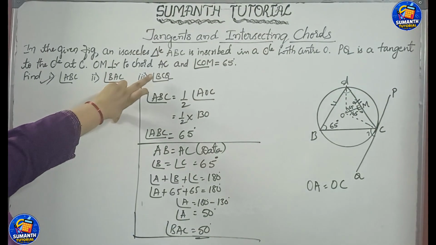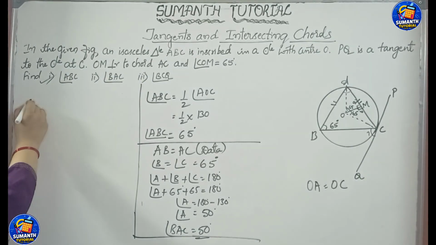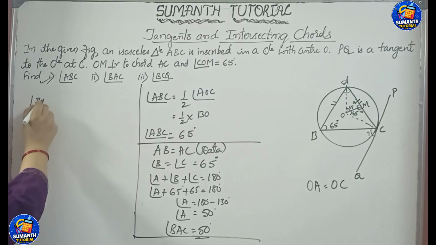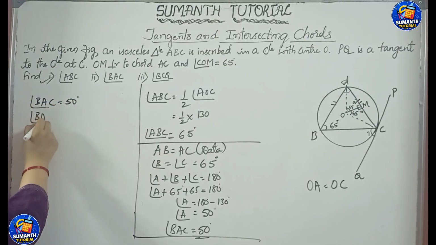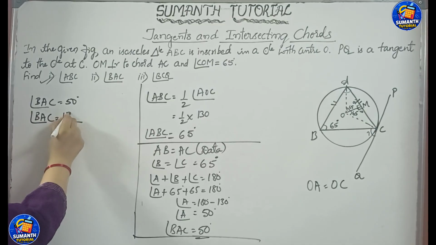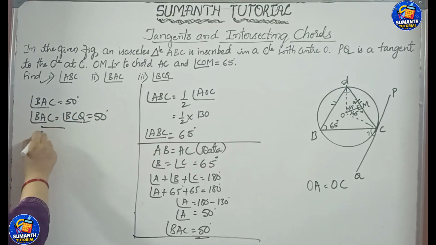The third one, to find BCQ. Listen children, I'll write here as angle BAC is equal to 50 degree. Angle BAC is equal to angle BCQ is equal to 50 degree. So you may get confused why I have written this one. Why?